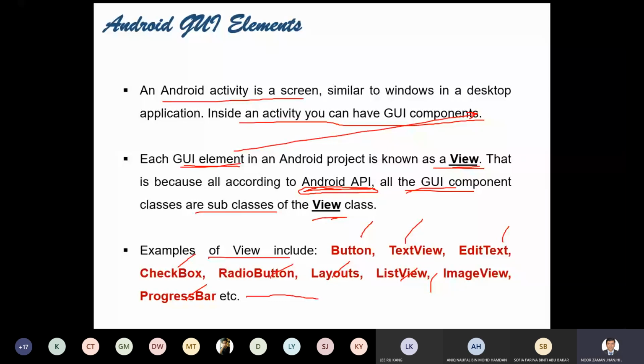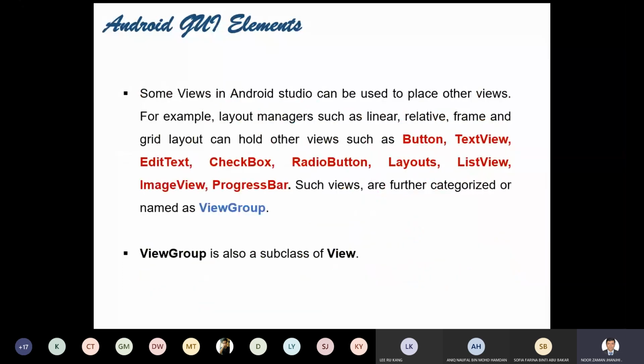But the layout is also a member of the view, so the layout itself is a view. Anything that helps us design the interface comes under the view class. So these are all members of the view class. I hope you understand. We will repeat it again and again so you can understand the things more appropriately. Okay, going ahead.